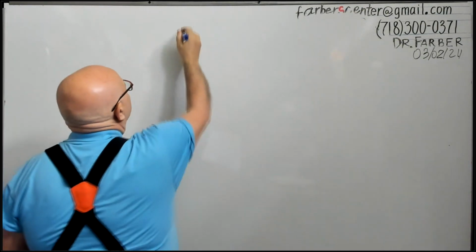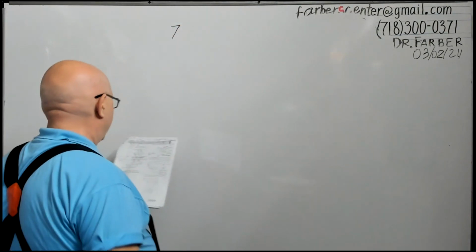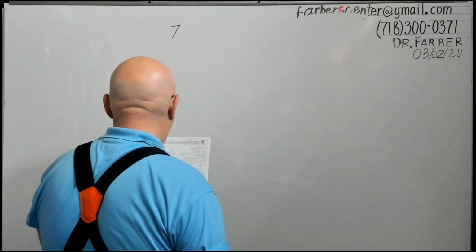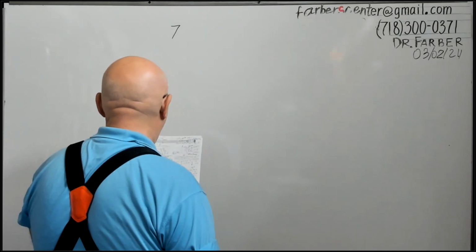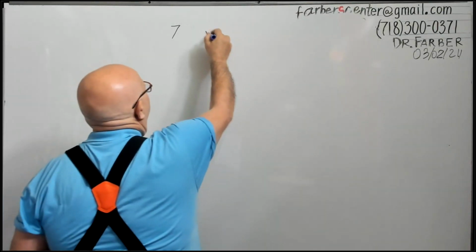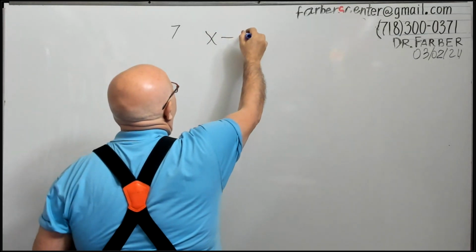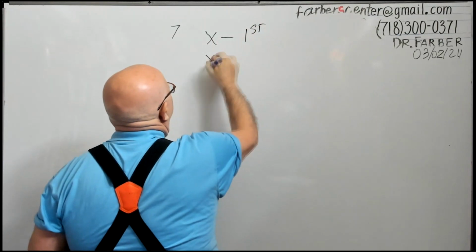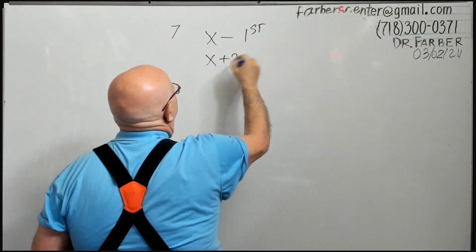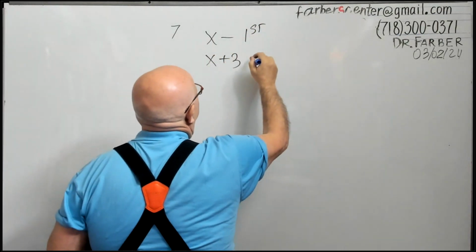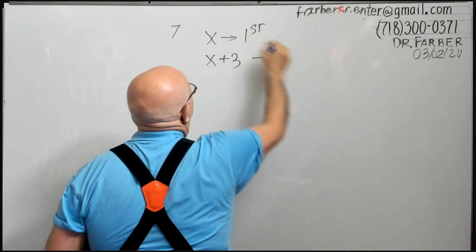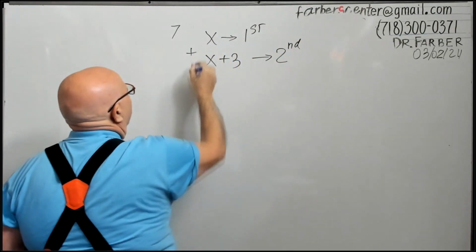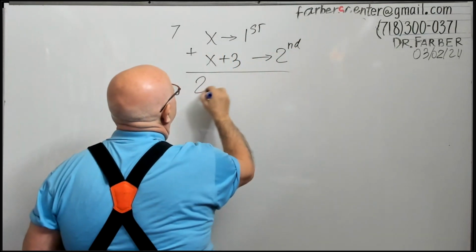So it's number 7, right? They said the sum of two numbers. And what else? They differ by 3. It means if x is the smallest, the first number, next is x plus 3, the greatest. If you add them up, you get 2x plus 3.